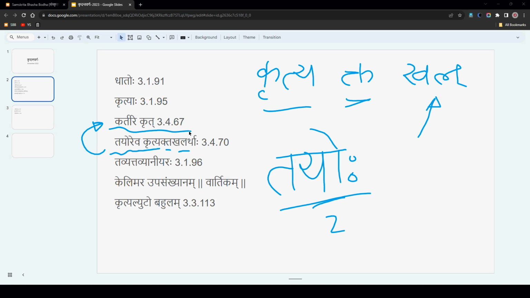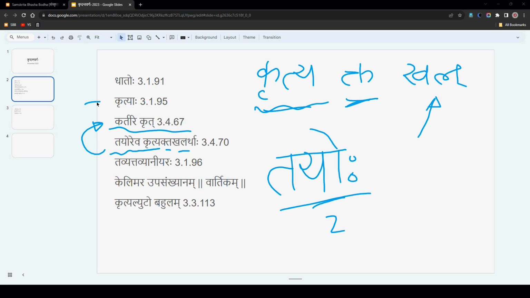But, there is a but always. If that krit pratyaya is kta pratyaya or belongs to the krutya group, right? What are the krutya group we saw just now? Krutya group is those 7: Tavyat, Tavya, Aneeyar, Yat, Nyat, Kyap, and Kelimar.